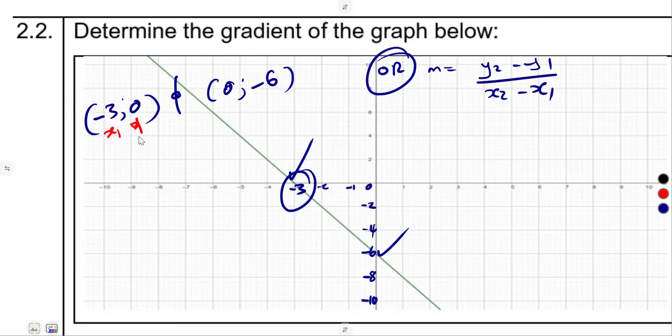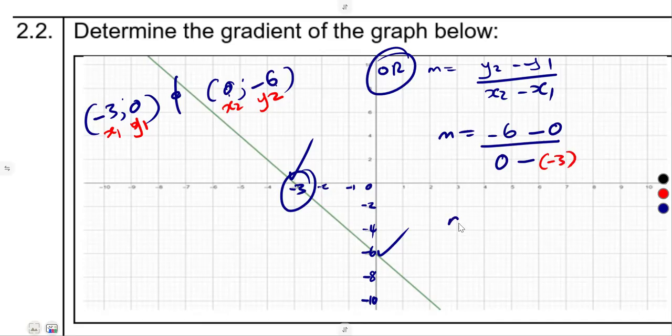x1, y1, x2, y2. Then we can substitute these into our gradient formula. y2 is negative 6, minus y1, which is 0, over x2, that's 0, minus x1, which is minus 3.